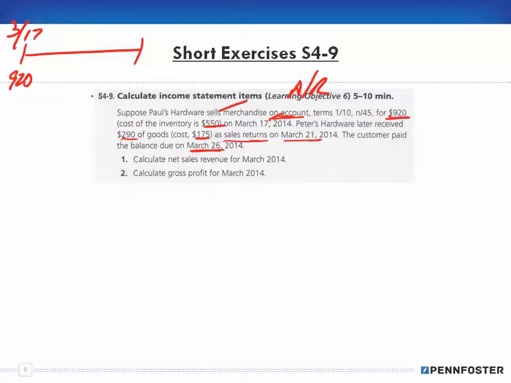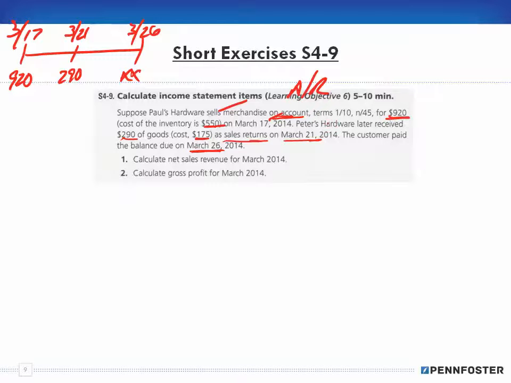Later, he receives $290 as a sales return on March 21st. Then the customer paid the balance due on March 26th. So there was a $290 return, and then the remaining payment on March 26th.